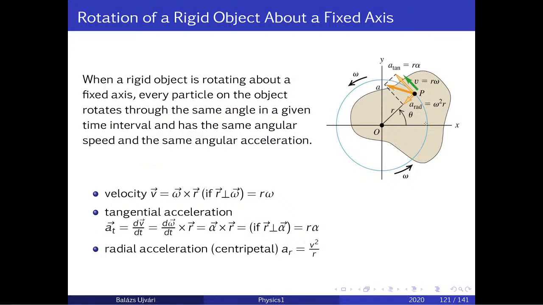Last lesson we learned about centripetal acceleration and centripetal forces, which is v square over r. If you replace the v with r times omega, you can have the centripetal acceleration is omega square r. That's even true when we don't really accelerate the body.